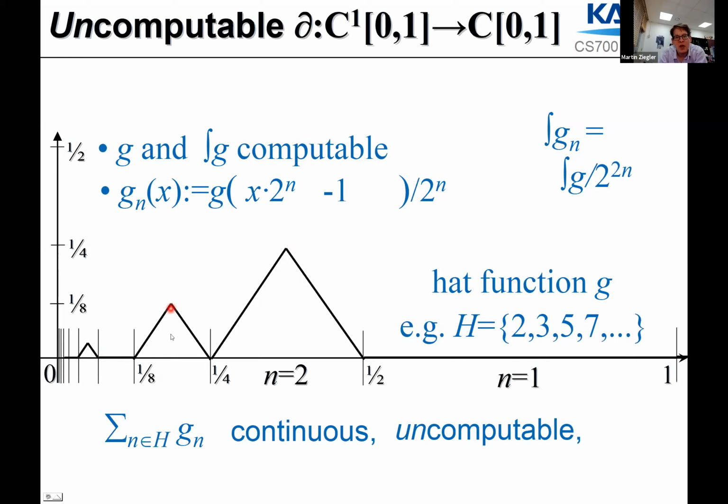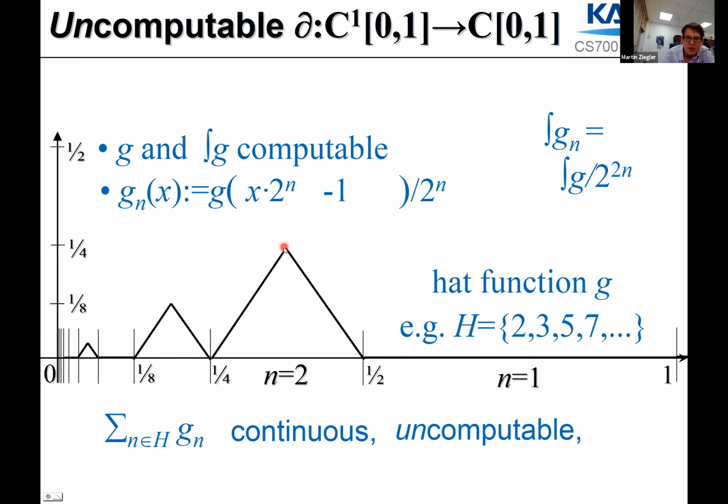And if that evaluation results in a value which is non-zero, and remember that being non-zero is semi-decidable, then that means that the resulting head is actually present and therefore belongs to the halting problem.